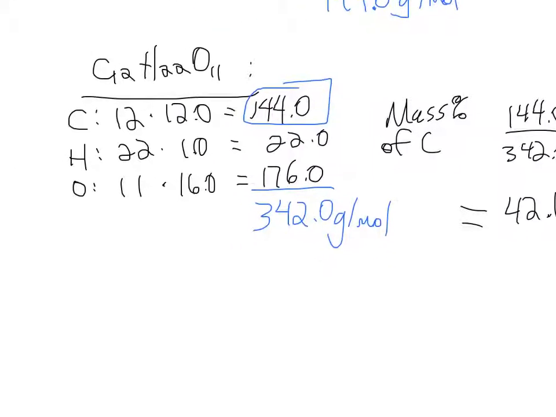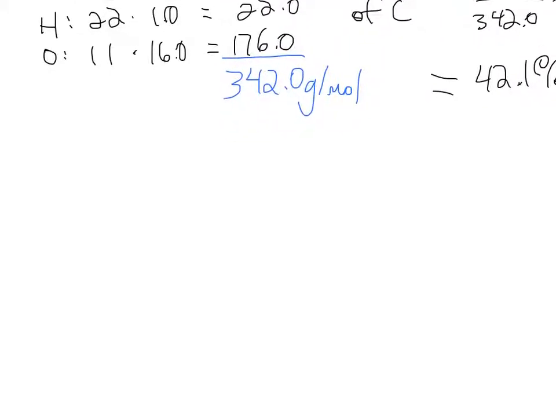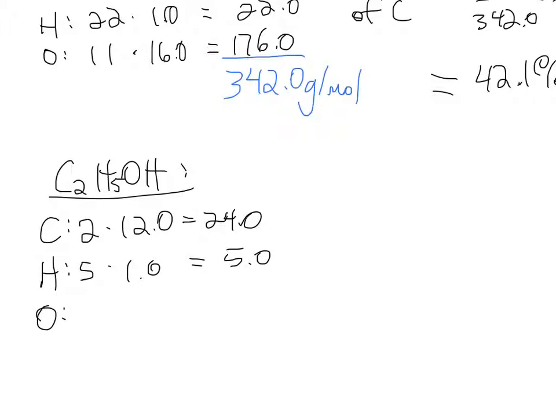The third substance they asked us about was ethanol, whose formula is C2H5OH. We'll find the molar mass. There's actually 6 atoms of hydrogen.